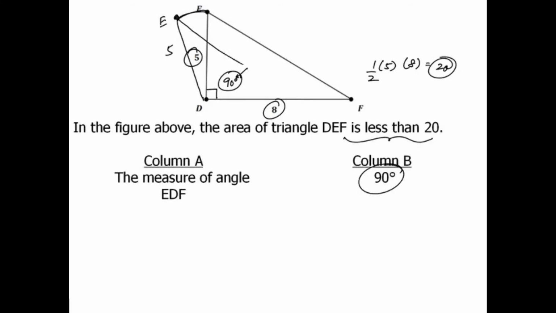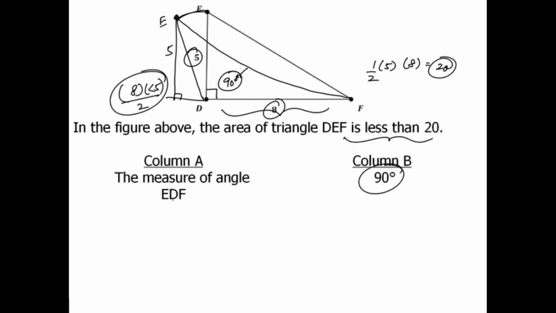Now this is my new triangle, and the area here, the base is still 8, and the altitude here would be now less than 5. So it's a number less than 5. And that certainly satisfies the condition that the area of this triangle EDF is less than 20. But here, the measure of this angle EDF is greater than 90 degrees.